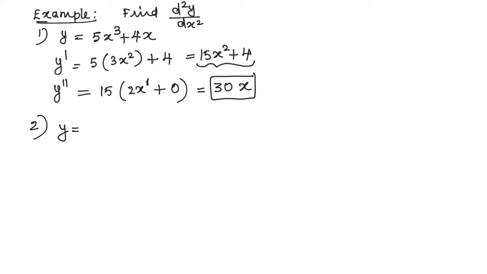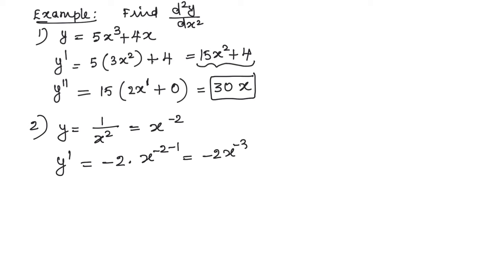Second example, y equals 1 over x square. We need to find the second derivative. Here we can rewrite the question like x power negative 2. For the first derivative, apply the power rule, bring the exponent in front, subtract 1 from the power. So negative 2 x power negative 3. Take the second derivative. So negative 2 times derivative of x power negative 3, right?